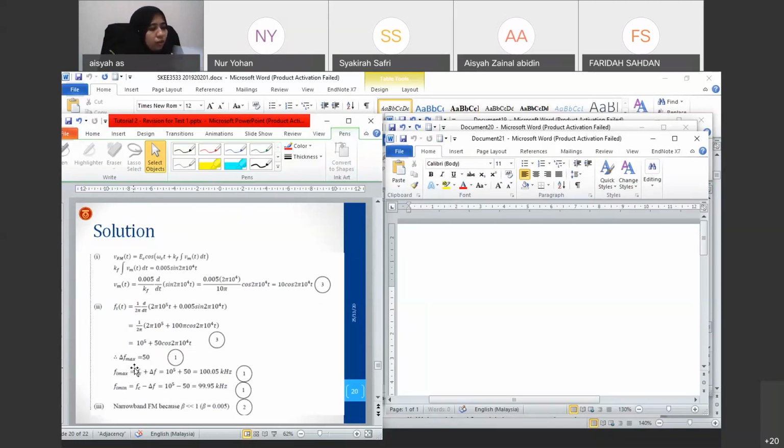This one is based on omega i(t) equals d/dt of theta i(t).